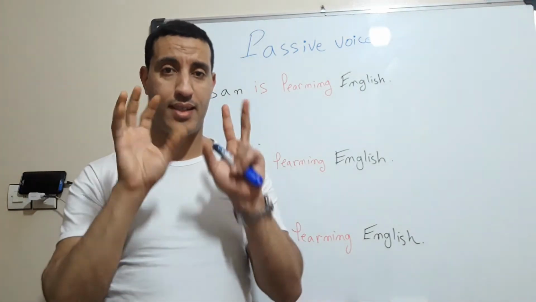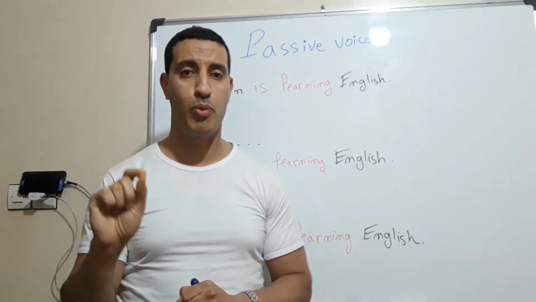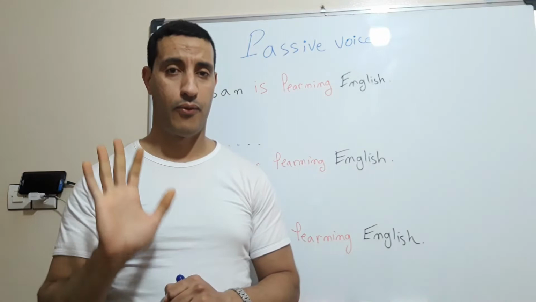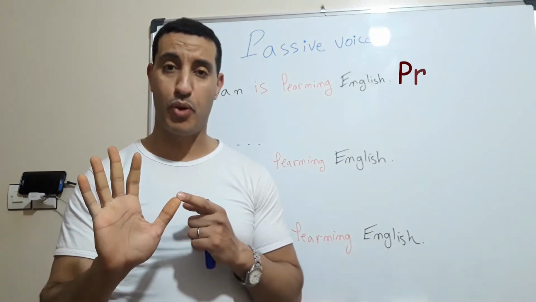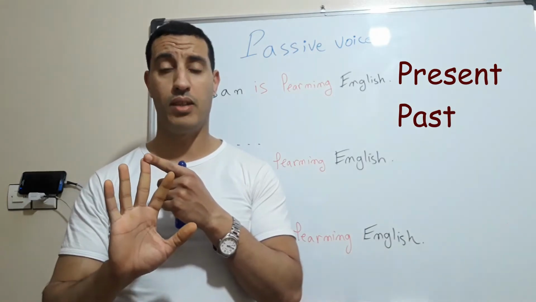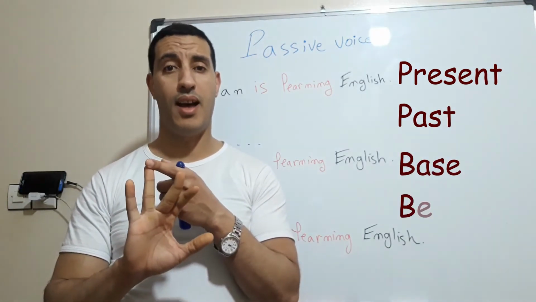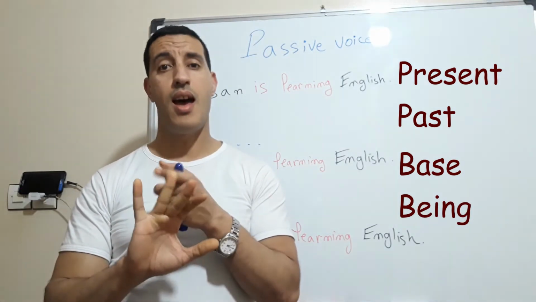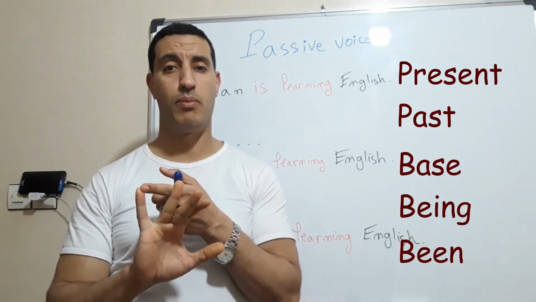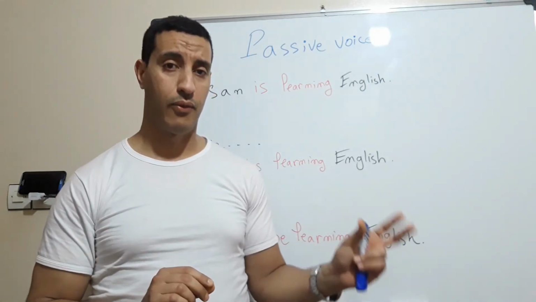Just focus your attention on the verb to be. In the passive voice, the verb to be can take 5 forms. It can be in the present, it can be in the past, it can be in the base form, infinitive without to, it can be in ing form, being, and it can be in past participle form, been. And each tense requires the right form.